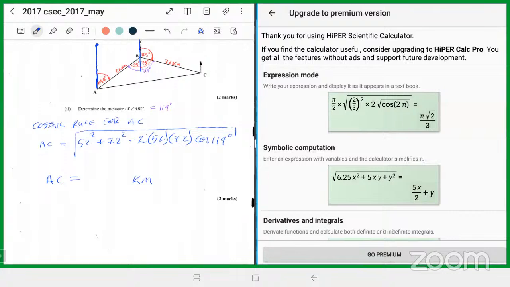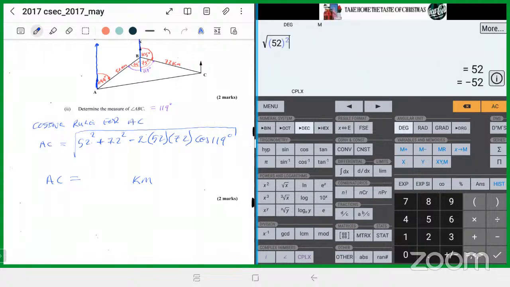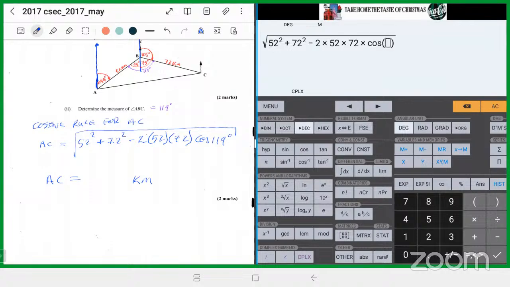It's going to be the square root of 52 squared plus 72 squared minus 2 times 52 times 72 times the cosine of the angle between them, which is 119.